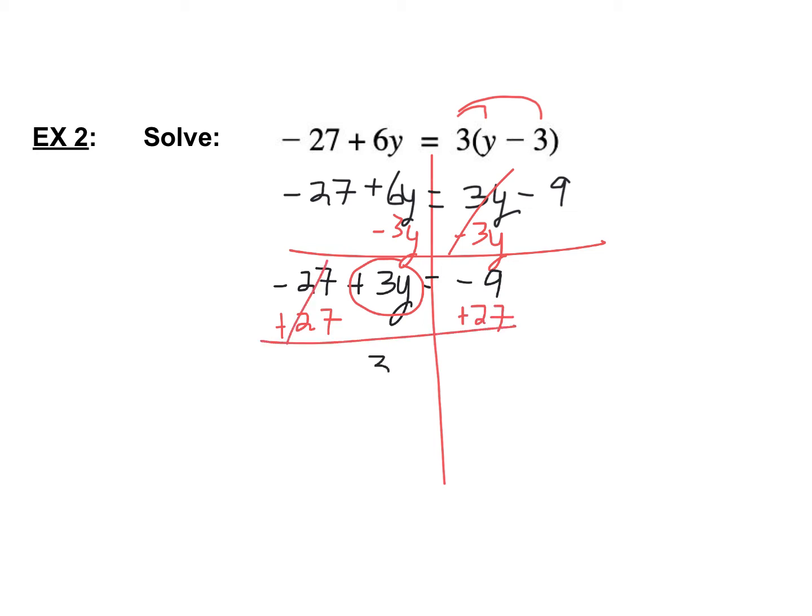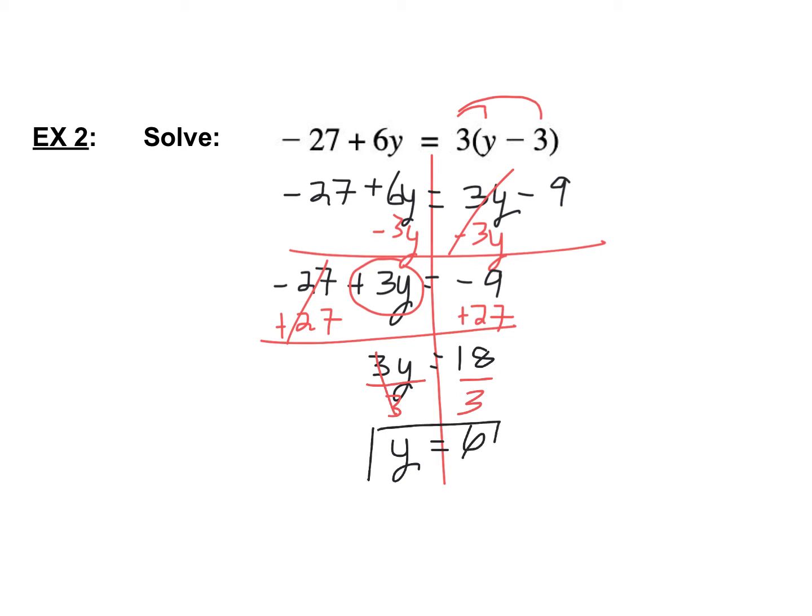And so I have 3y equals a positive 27 and a negative 9. We're going to subtract and keep the sign of the larger, and so we get a positive 18. And then focusing on the variable term, to undo 3y, we divide both sides by 3. So I have an answer of y equals positive 6.